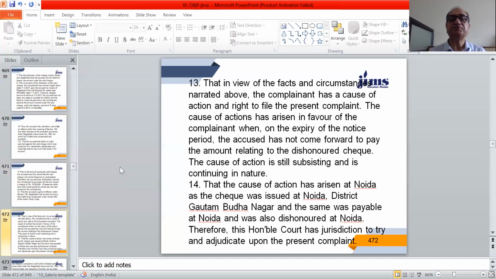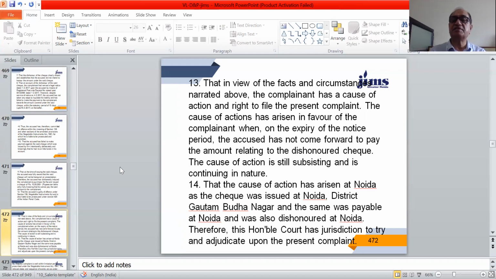Para 13, that in view of the facts and circumstances narrated above, the complainant has a cause of action and right to file the present complaint. The cause of action has arisen in favor of the complainant when, on the expiry of the notice period, the accused has not come forward to pay the amount related to the dishonored check.